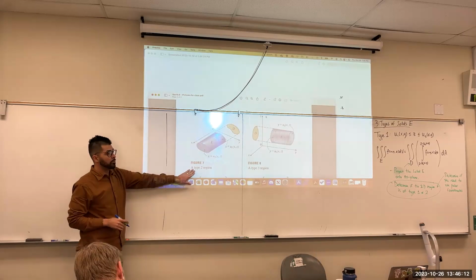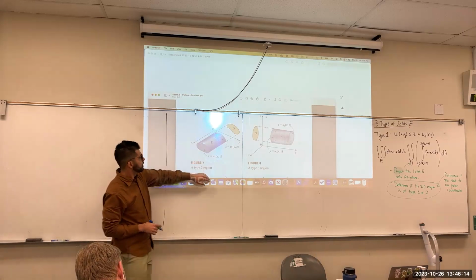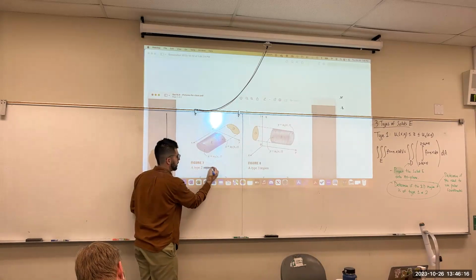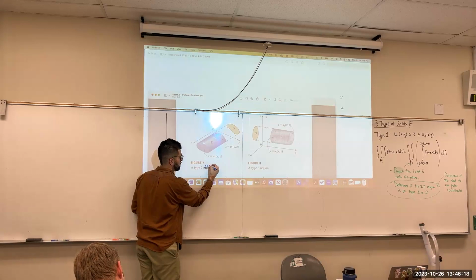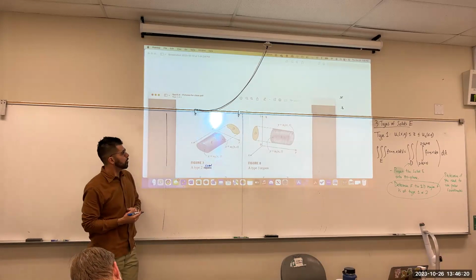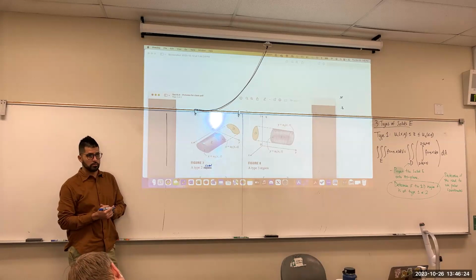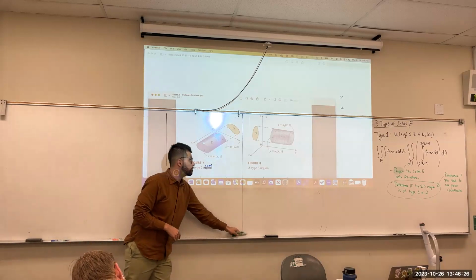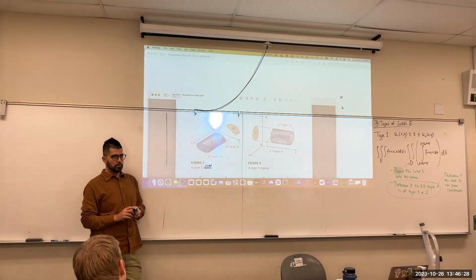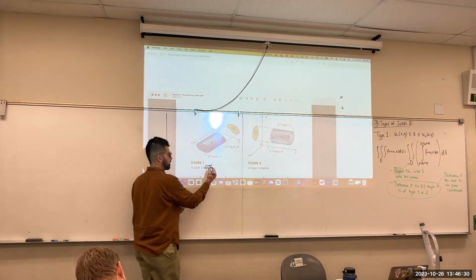Okay, here's a type 2 solid. Which coordinate is being bounded first? What do you guys think from the picture? X. It's going to be X, okay?